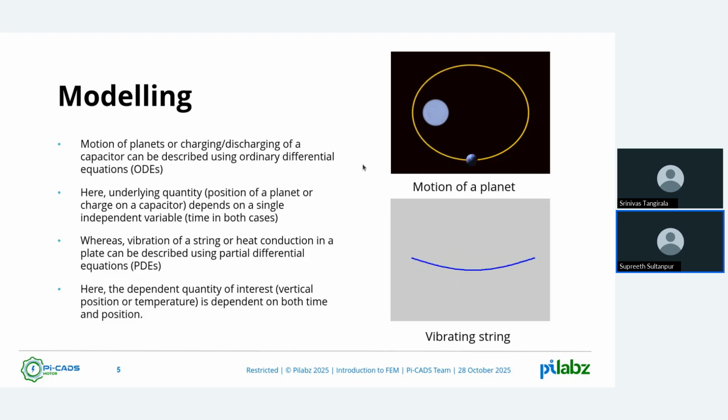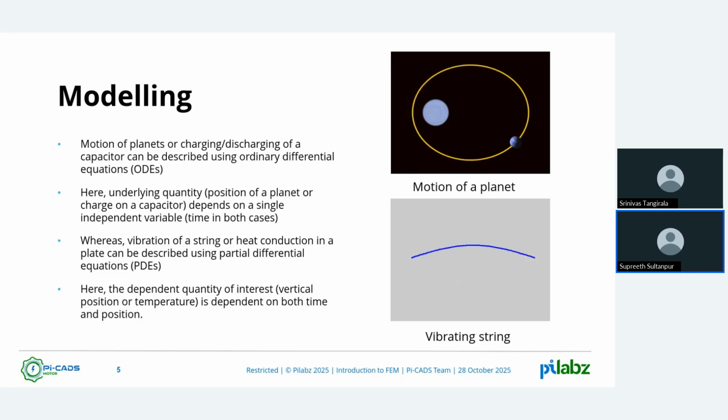The position is invariant. But as you go along the length of the string, for example, at the center of the string, the y position of the point changes by a large value, and it's going up and down, and it's dependent on time. So for ideas like this, where you have multiple independent variables, you can use partial differential equations to represent them.